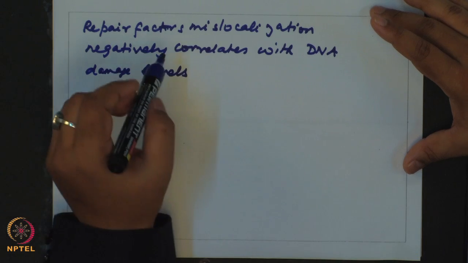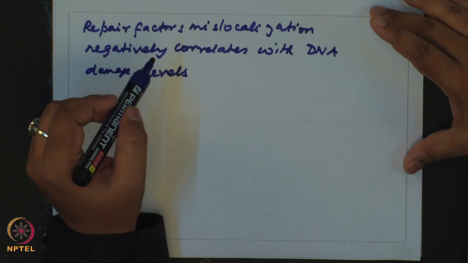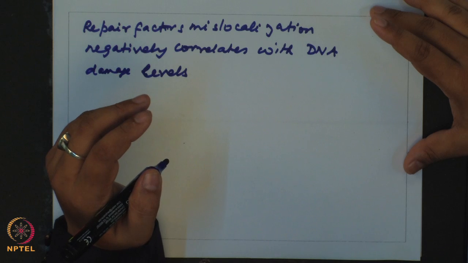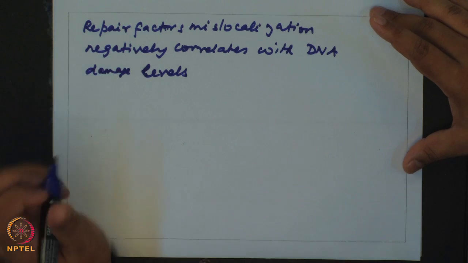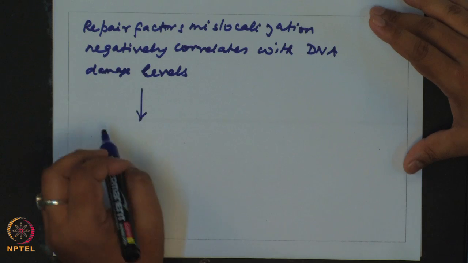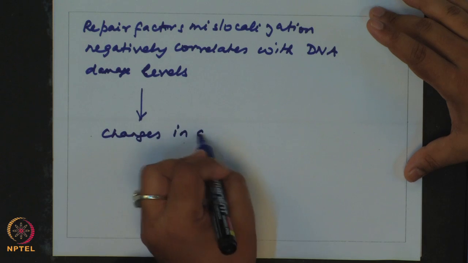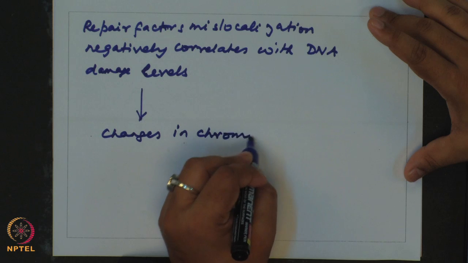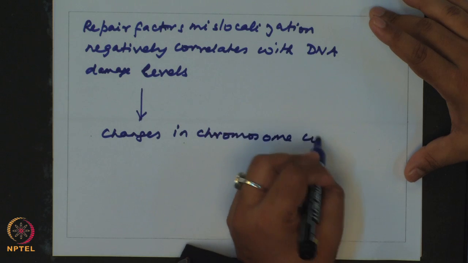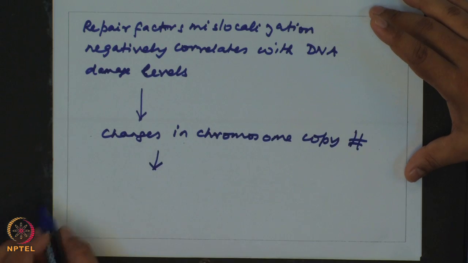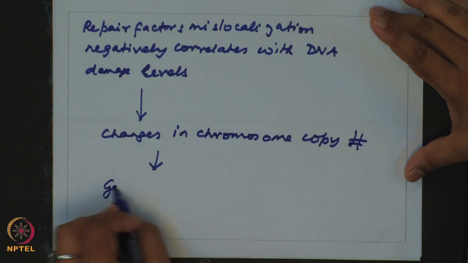So, more mislocalization means the number of foci will increase, and these changes led to changes in chromosome copy number, and eventually led to genomic heterogeneity.